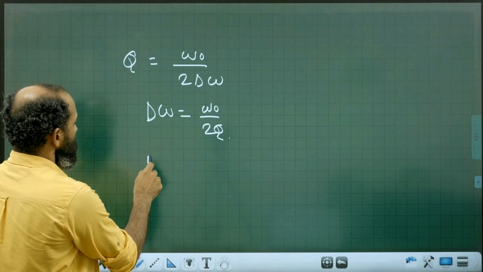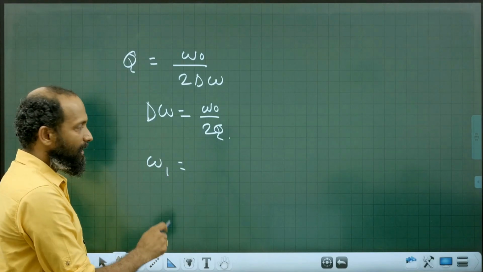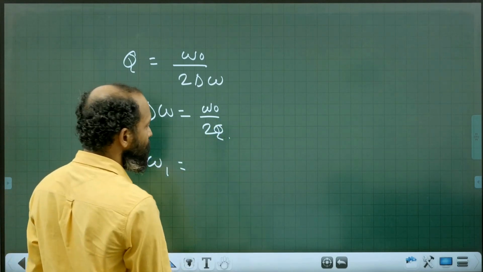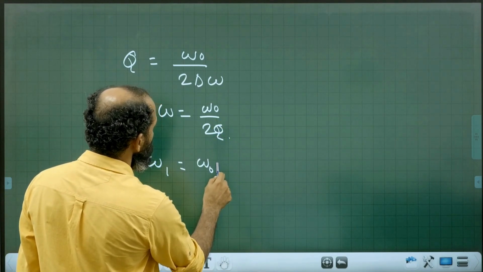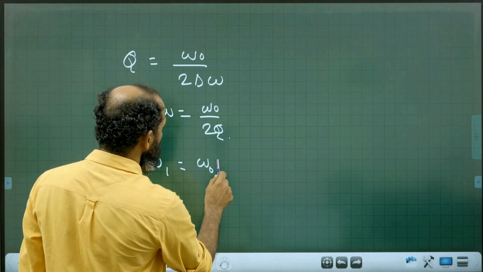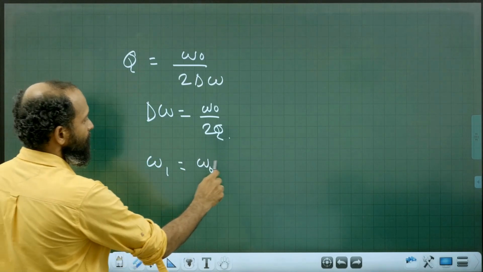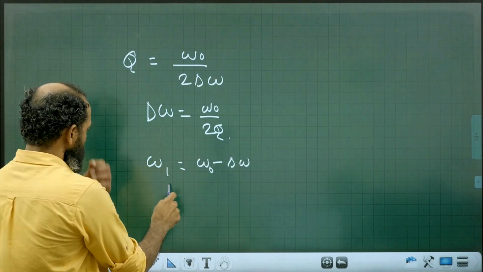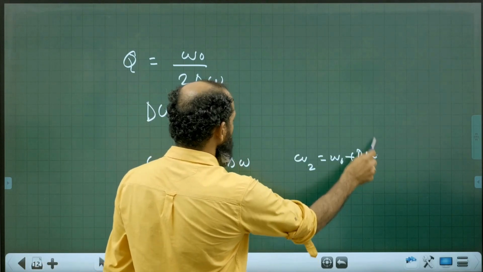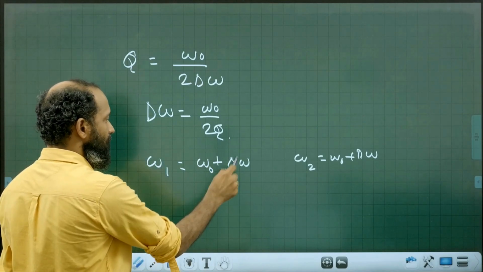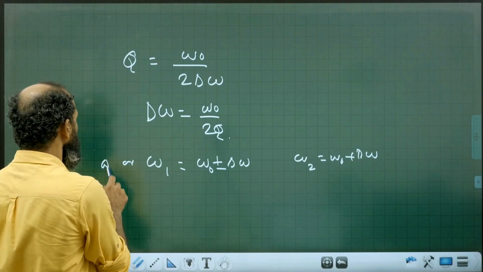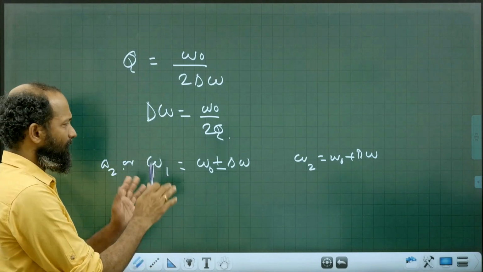Now omega 1, as I have written earlier, you just take that page, take a screenshot and compare and try to write it. Omega 0 plus or minus delta omega. Omega 1 I have written as omega 0 minus delta omega, and omega 2 as omega 0 plus delta omega. Anyway, this omega 1 or omega 2 may be written as plus or minus, whatever name you choose.